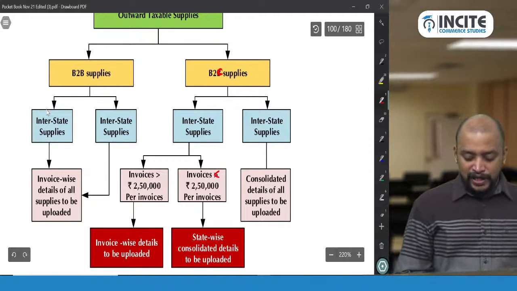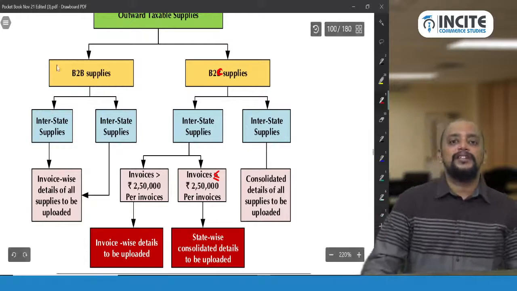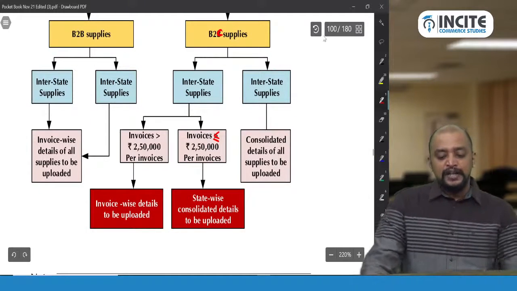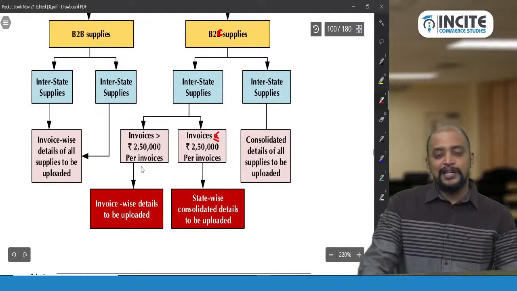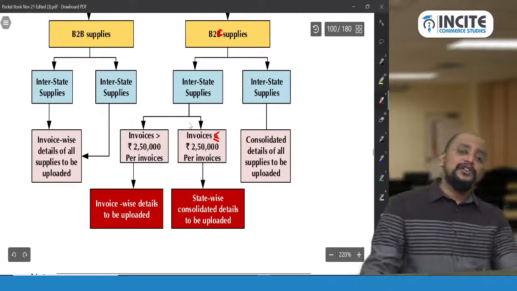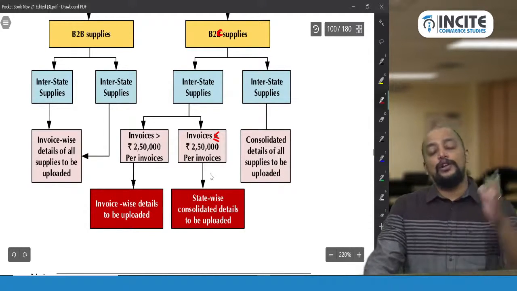If the invoice value does not exceed 2,50,000, then it will be state-wise consolidation of all those invoices.